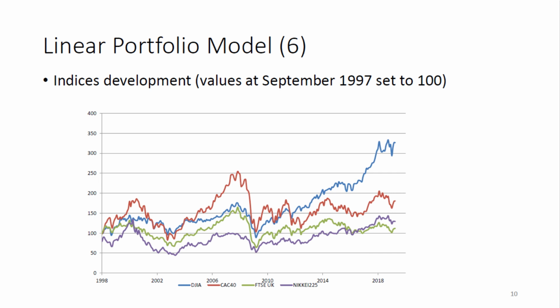And then we see that initially the CAC 40, the red line, at least until 2007, was leading in terms of return over all the other indices.